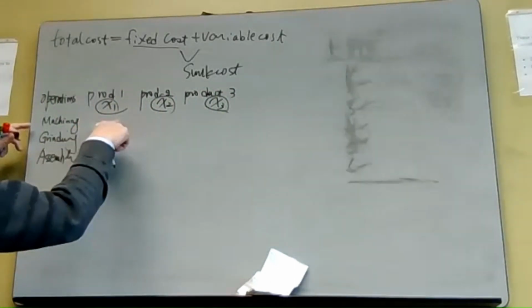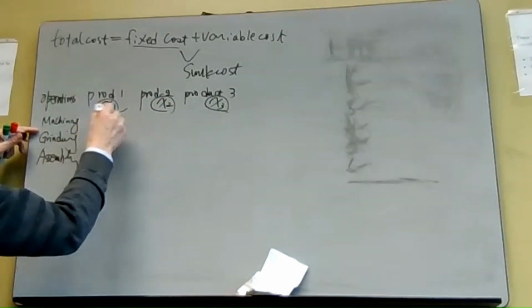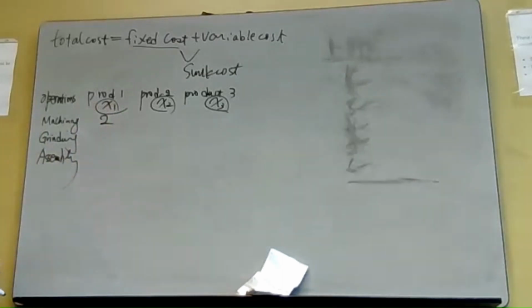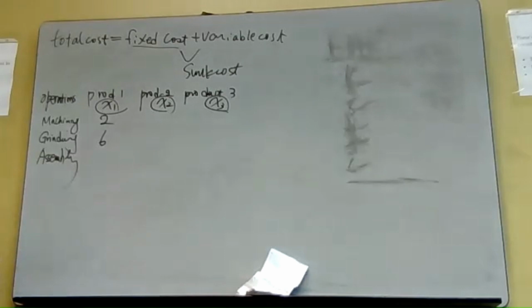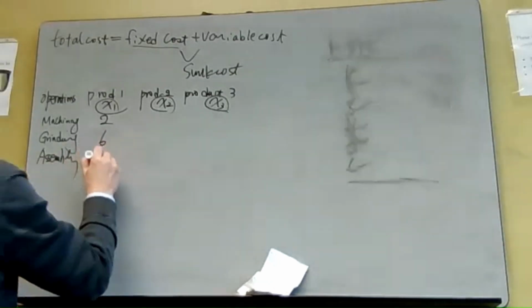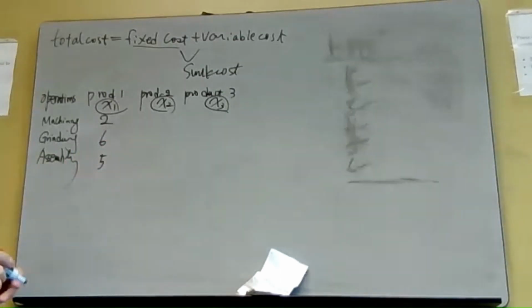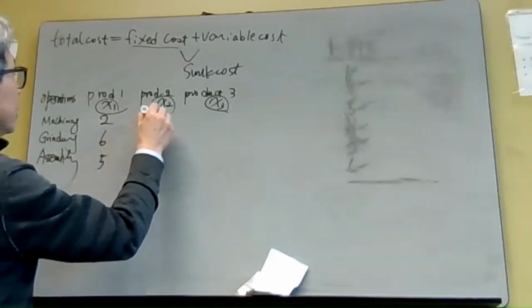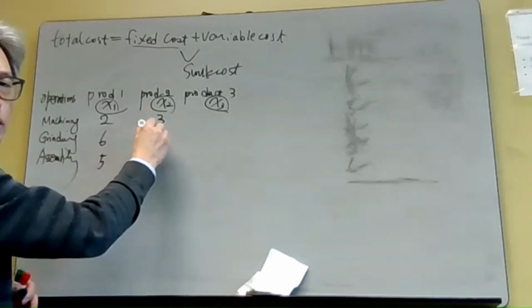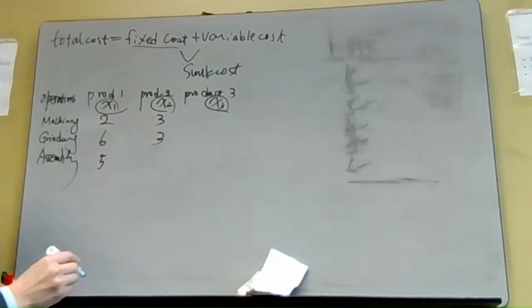To produce X1, you need 2 hours of machining operation, 6 hours of grinding, and 5 hours of assembly. To produce product 2, X2, you need 3 machining hours, 3 grinding, and 6 assembly hours.